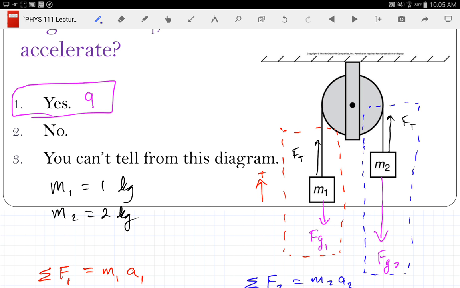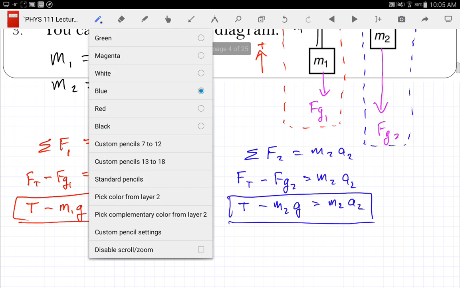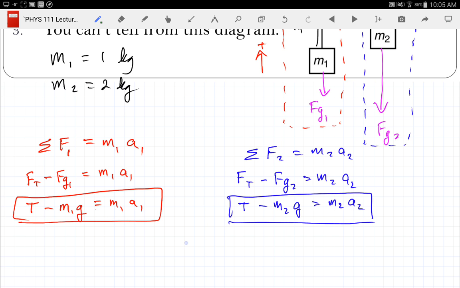Yeah, they have to be the same magnitude because one side goes up, the other one goes down the same amount, but they're opposite directions because up versus down. So I will simply assign then, based on that statement, a third equation of A2 equals minus A1. And so this will become equals minus M2A1.